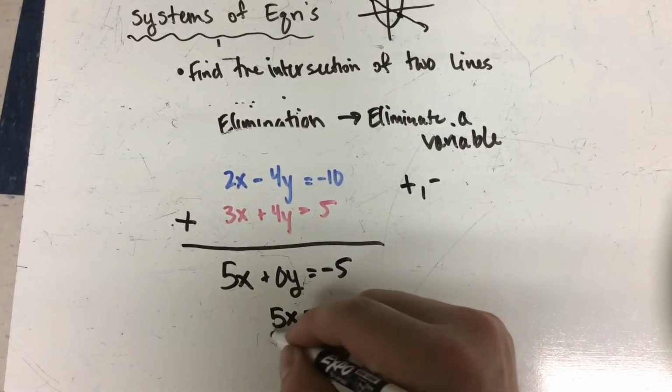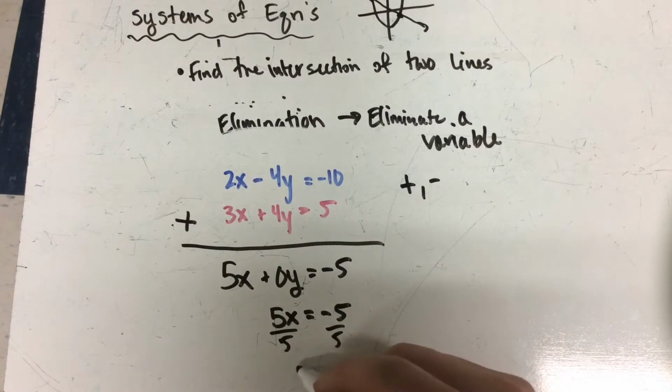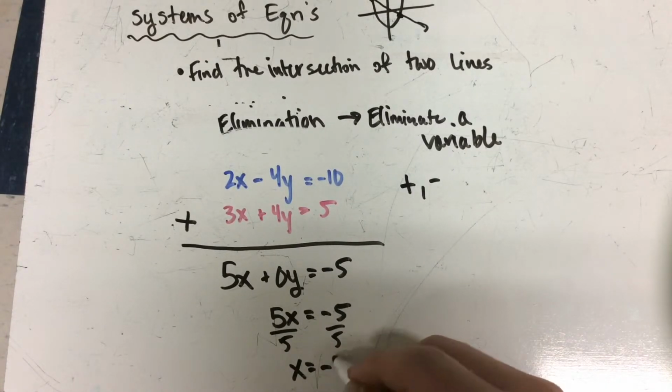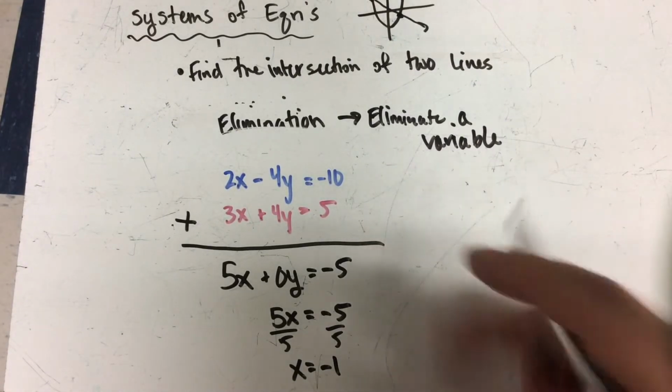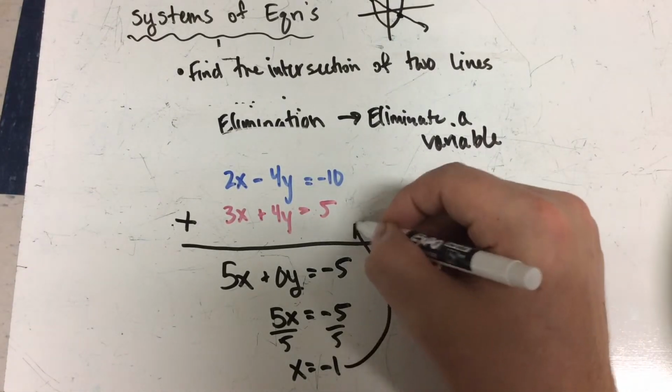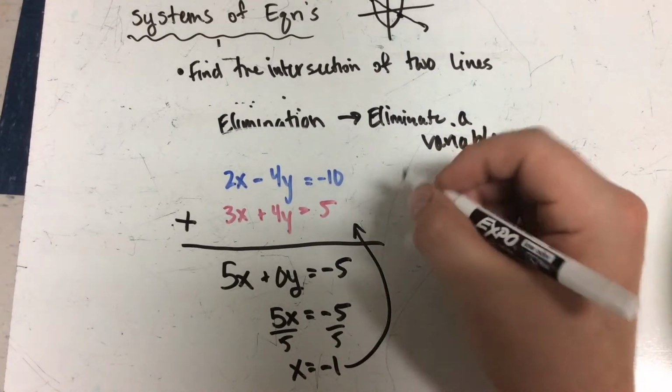So let's divide by 5 on both sides. This will give you that x equals negative 1. We're not quite done yet, though. We need to find out what y equals. So we're going to take this and plug it into either equation, the blue or the pink. It doesn't matter. I'm just going to go with the pink again.